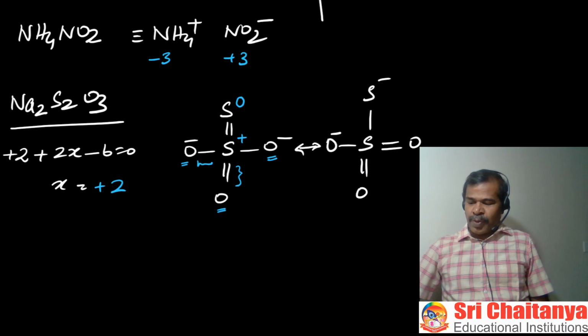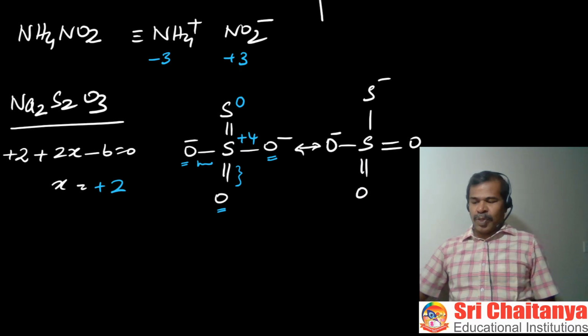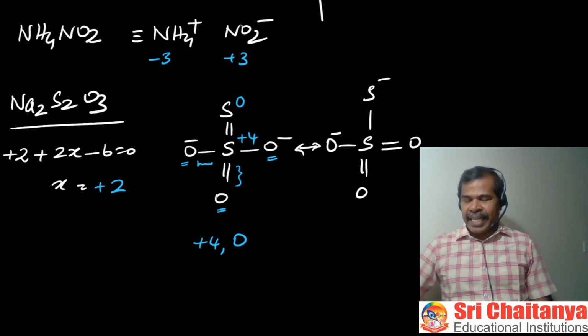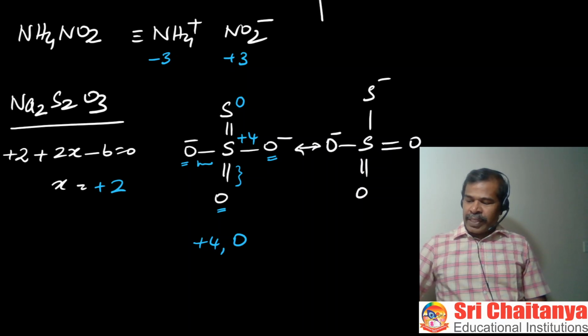So the sulfur is going to be +4. So if I consider this structure to be the final structure, I am going to have a combination of +4 and 0.